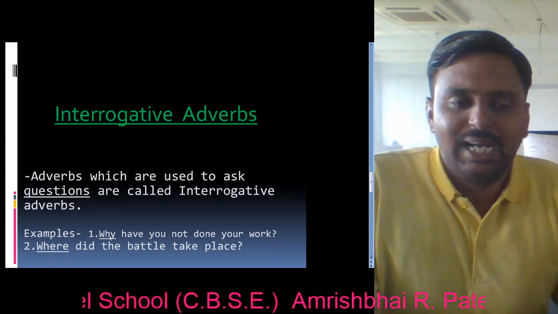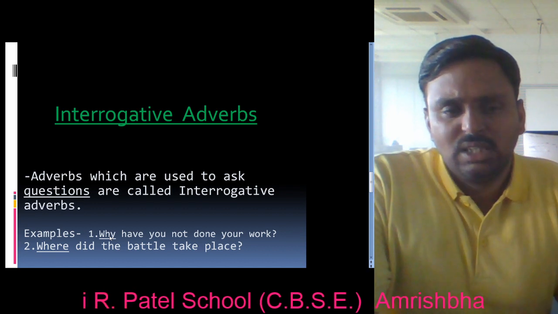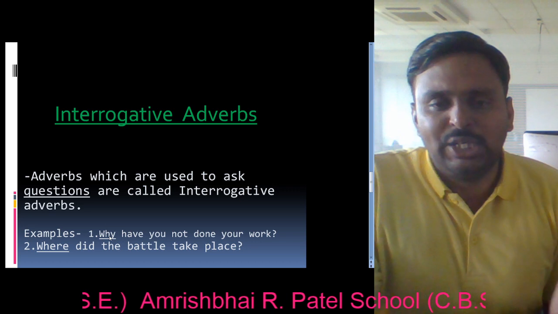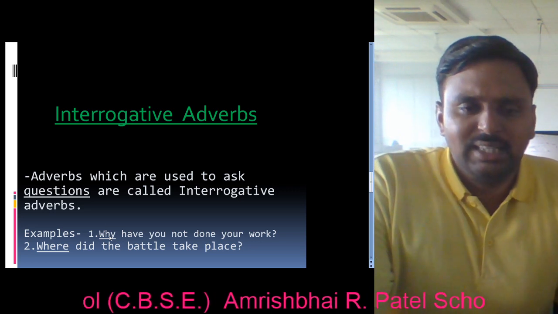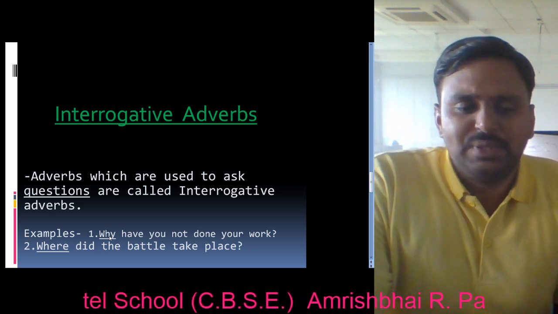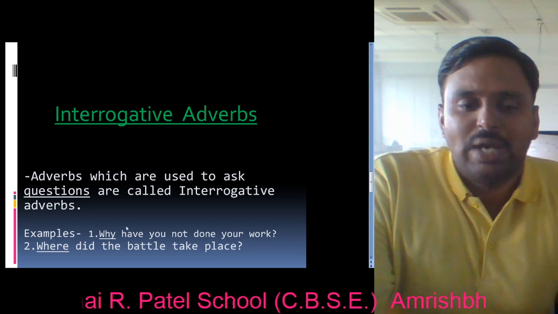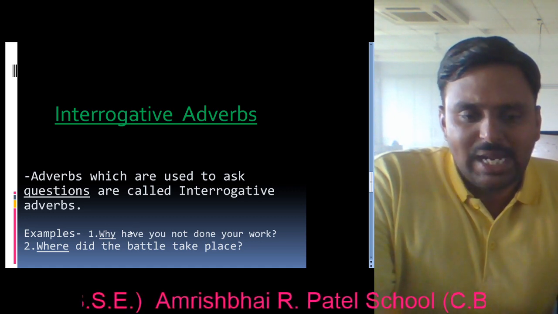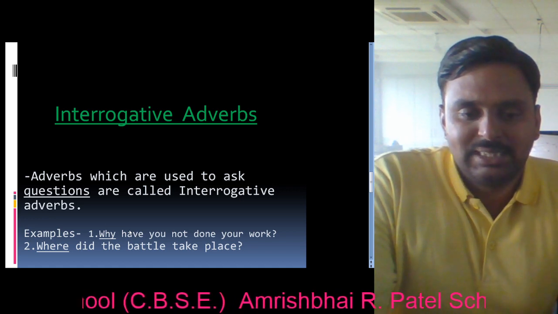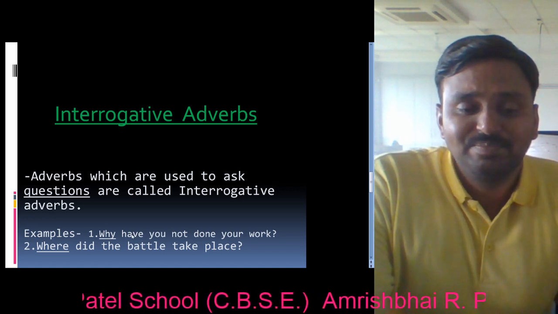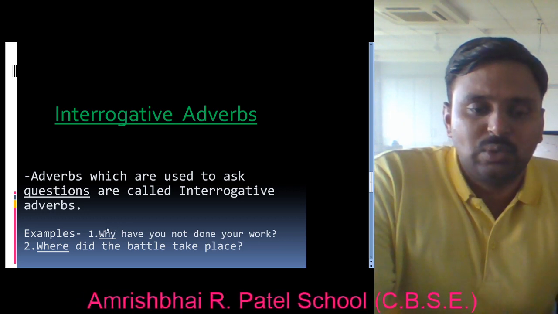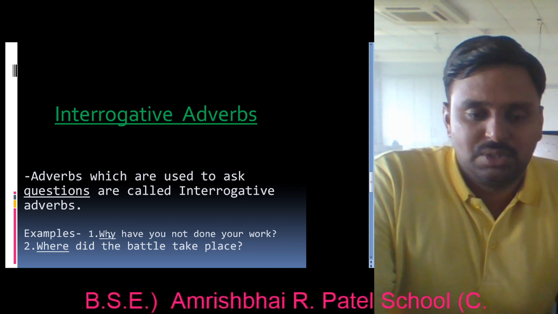And dear student, remember that you may get confused because in the first chapter you just learned interrogative adjective. Do not confuse interrogative adjective and interrogative adverb. In interrogative adverb you will find a verb here: am, is, are, was, were, have, has, had. These verbs will be used, and before that the particular adverb will be used.